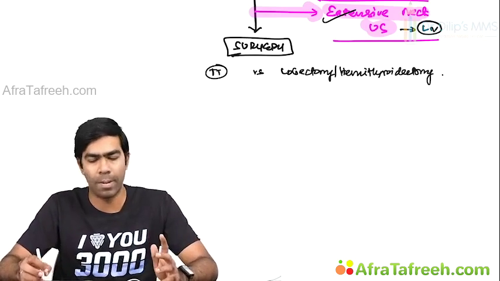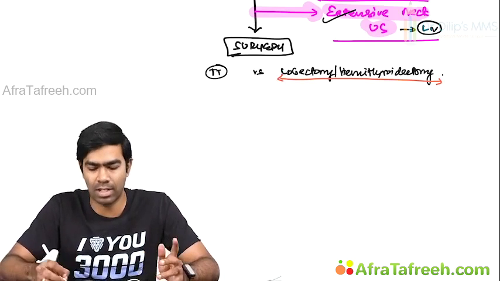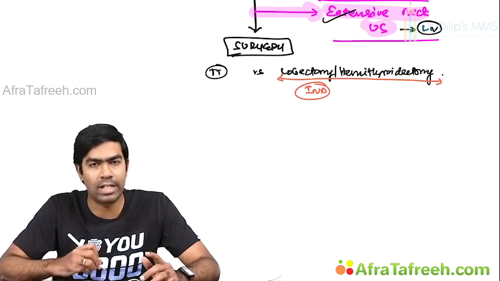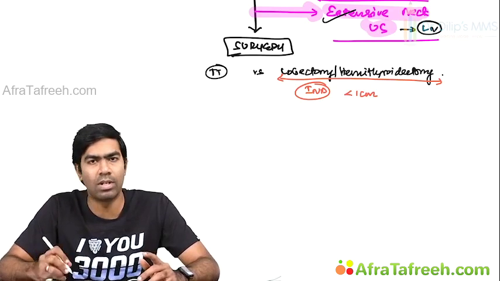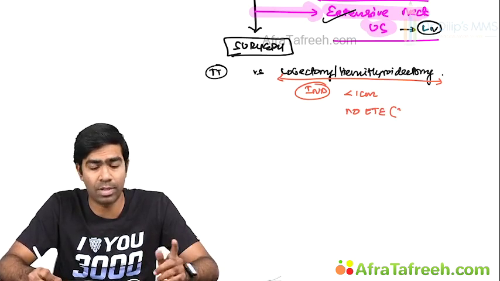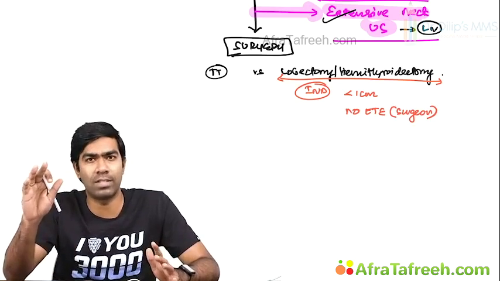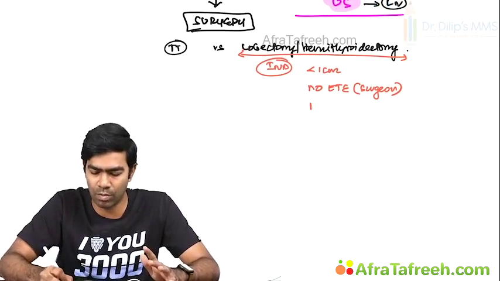But what are you going to do? If you want to do conservative surgeries like this, there are some indications for doing them. What are the indications? The tumor should be less than 1 centimeter, number one. Second, there should be no extrathyroidal extension, and this should be confirmed by the surgeon on table, which means there should be no microcalcification. There should be no involvement of the contralateral lobe.